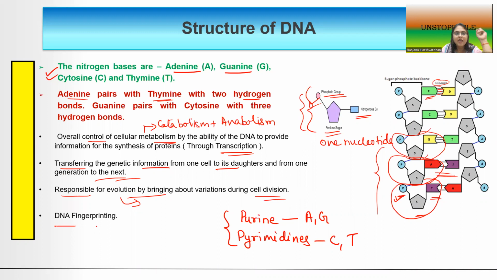Next is DNA fingerprinting. What is DNA fingerprinting? Now this is a very fashionable word these days because it is used a lot in solving paternity issues, in finding out criminals, and a lot of such cases, like who was present at the site of the murder. DNA fingerprinting helps to give the genetic makeup of the individual.